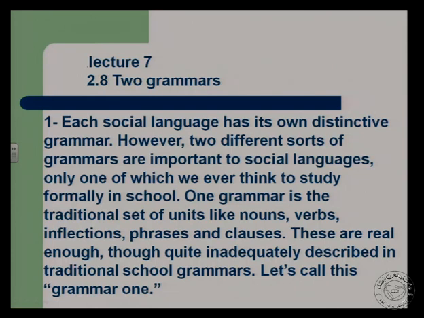One grammar is the traditional set of units like nouns, verbs, inflections, phrases, and clauses. These are real enough, though quite inadequately described in traditional school grammars. Let's call this grammar 1.